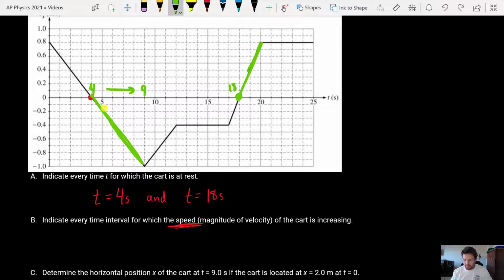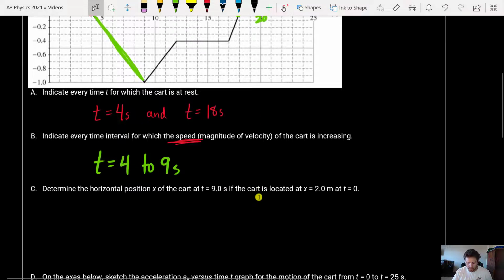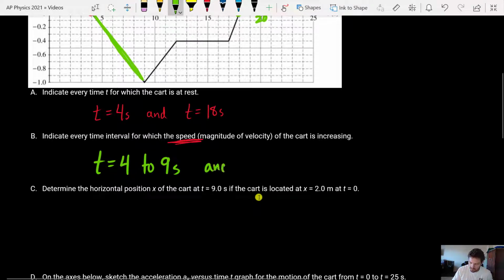And that's seconds, right? So I could put it down here, 20 seconds right there. So let's see, from 4 to 9 seconds would be one of our answers, and from 18 to 20 seconds would be our other answer.